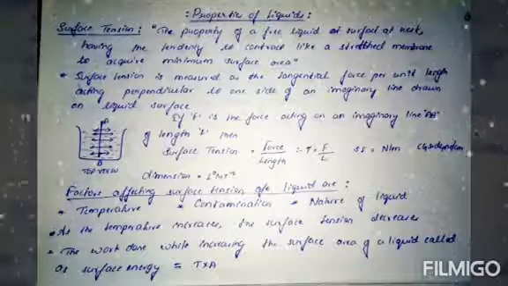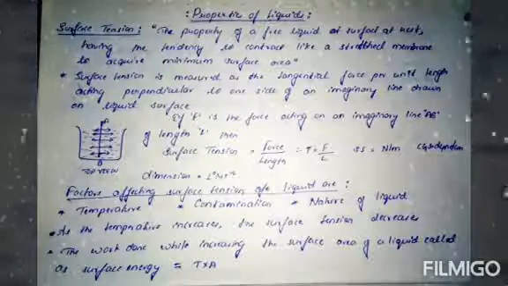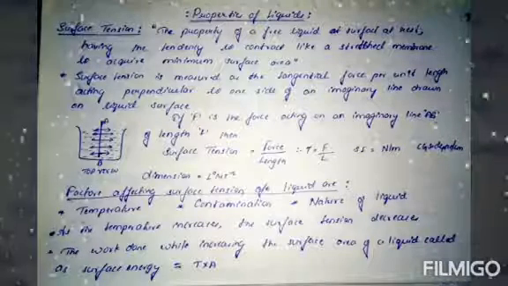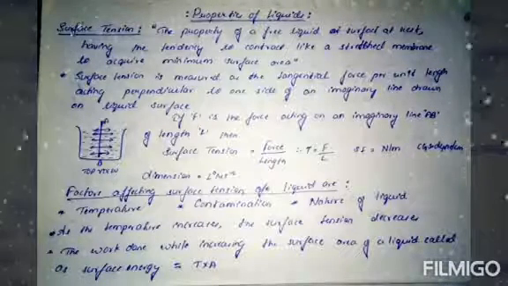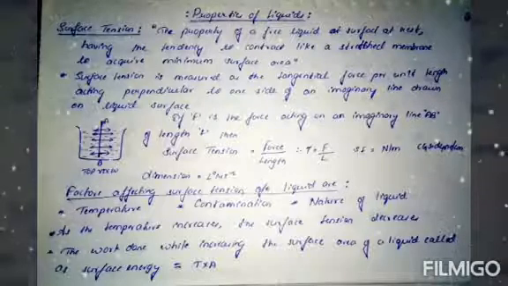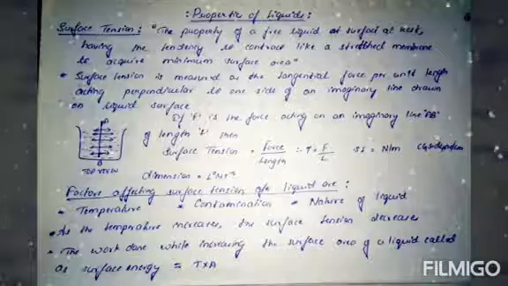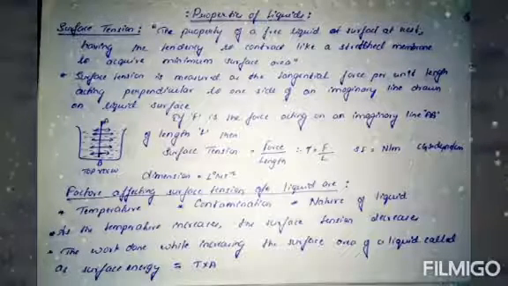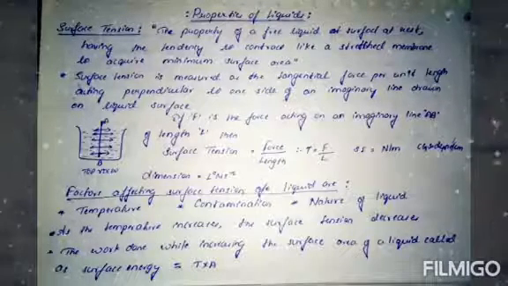T is equal to F by L, and here the SI unit is Newton per meter and the CGS unit is dyne per centimeter.